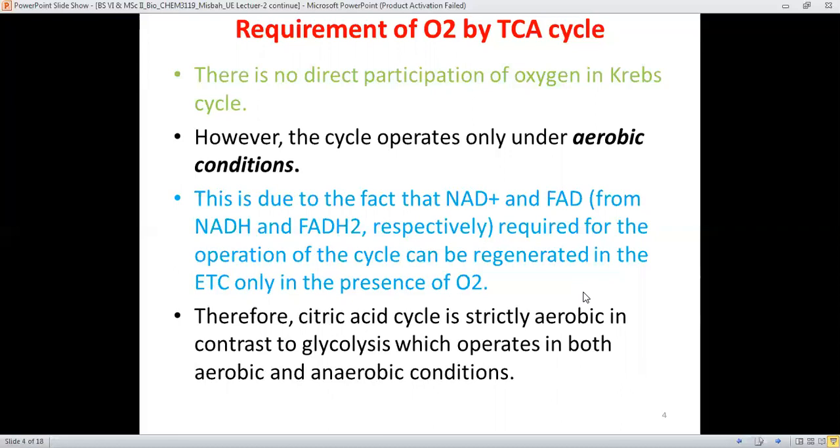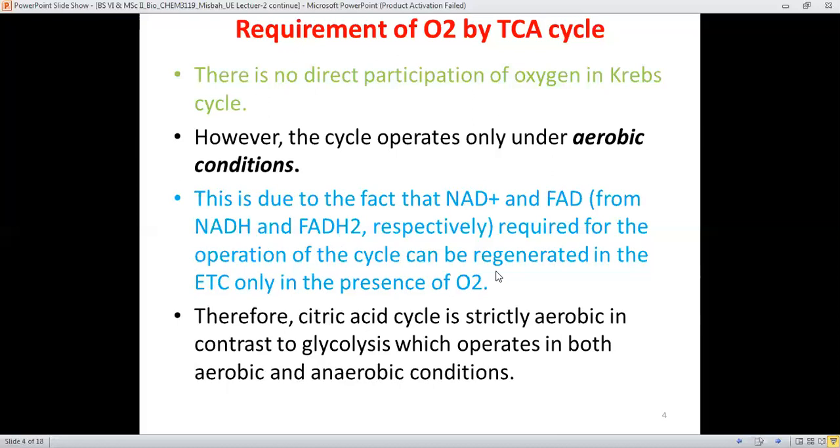This is due to the fact that NAD and FAD must be acquired in the oxidative form from NADH and FADH2, which are the reduced forms of nicotinamide adenine dinucleotide and flavin adenine dinucleotide.